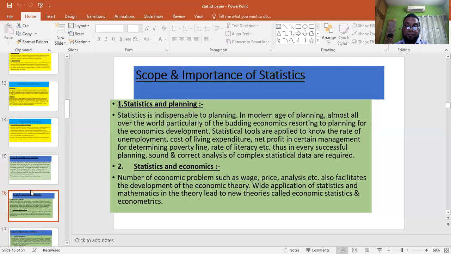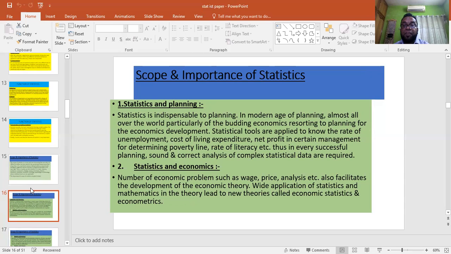Statistics and economics. A number of economic problems such as wages, price, analysis of price and wages, analysis of production, etc., also facilitate the development of economic theory.